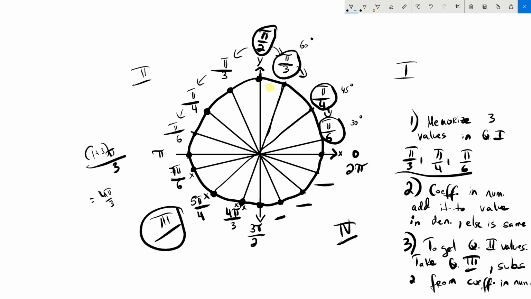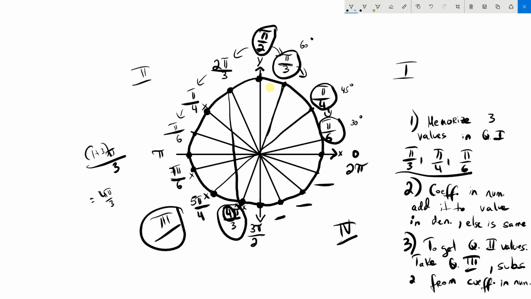In other words, this angle up here in the second quadrant is vertically aligned with 4 pi over 3 in the third quadrant. So using the third rule, we subtract 2 from the coefficient in your third quadrant here. So 4 pi over 3, we subtract 2 from the 4 and we get 2 pi over 3.